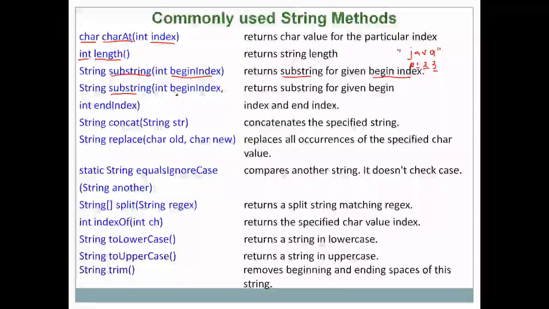In this substring method it is taking two arguments, and the first argument is the same, that is beginning index, and it has one more argument, that is an integer argument, ending index. So we can create a substring by passing two indexes also, that is the start and the end. From this particular position till this position I want a substring. For that I can use the second substring method which takes two arguments.